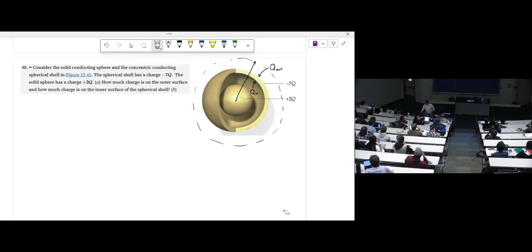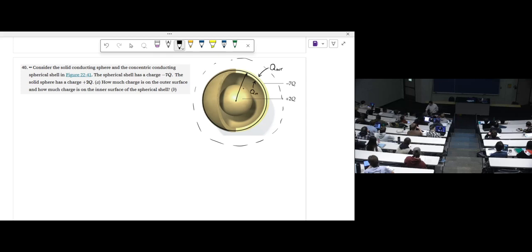If we do the flux anywhere inside of this right here, so my integrating surface is going to be right here, anywhere between the inner and outer wall of the shell.